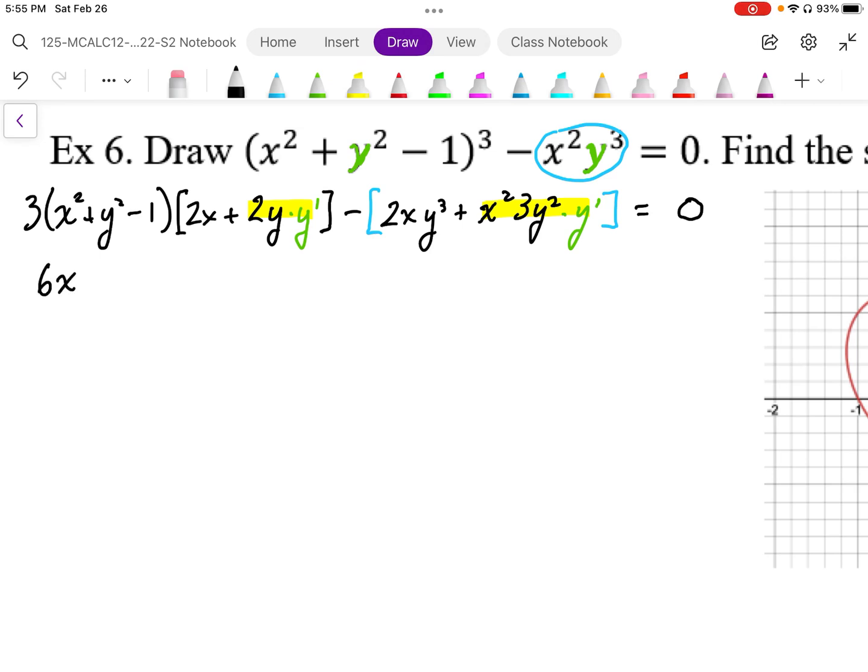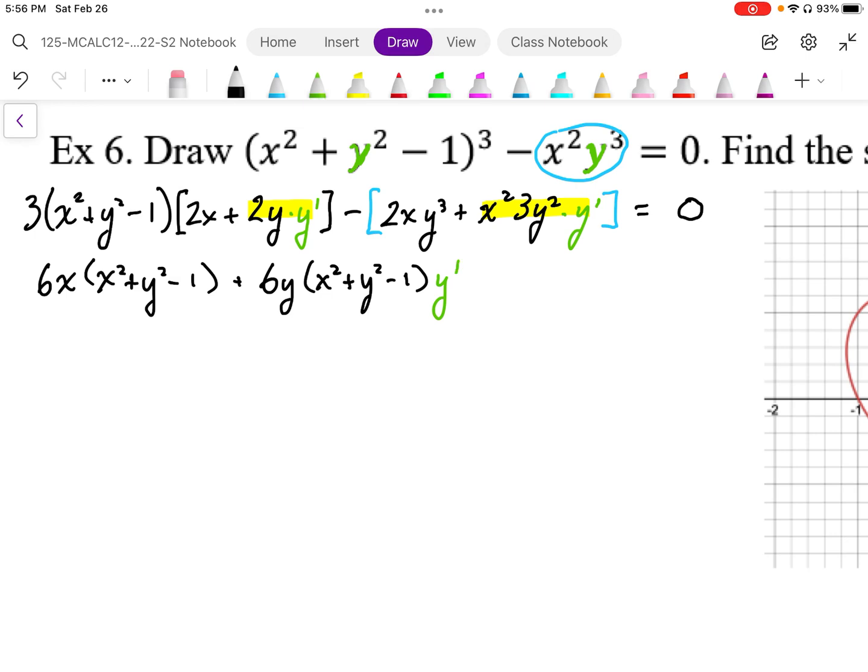So I'm going to get 3 times 2x, keeping this factored as x squared plus y squared minus 1, plus 6y times x squared plus y squared minus 1. And this is where my y prime is going to show up.